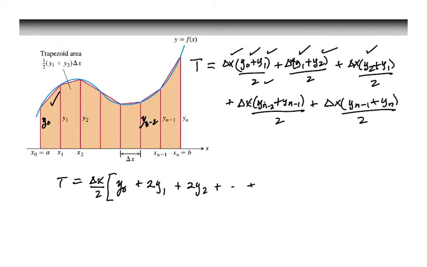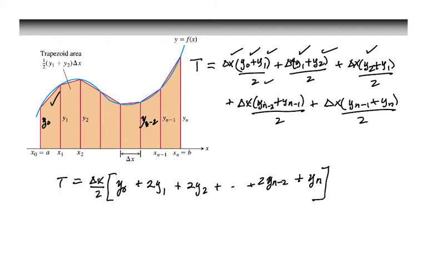We'll get two of everything until we get to the next to the last trapezoid, which will be 2y sub n minus 2, and the last trapezoid will have just a y sub n in it.